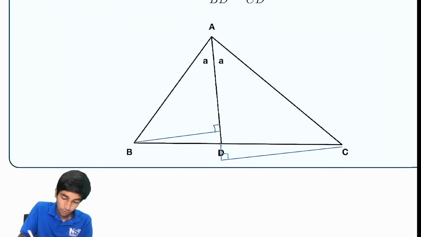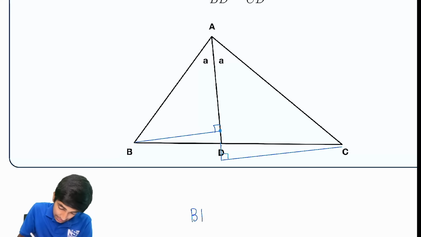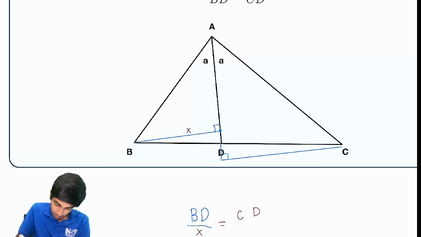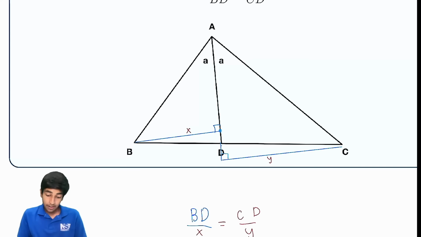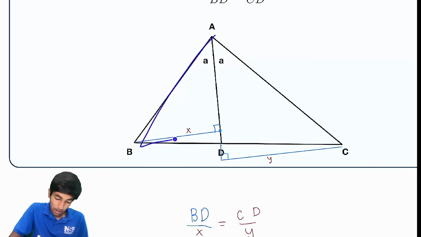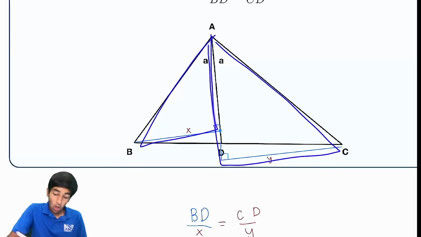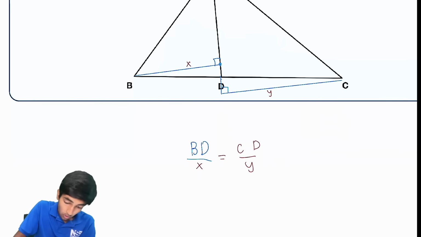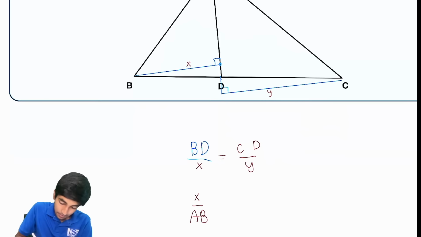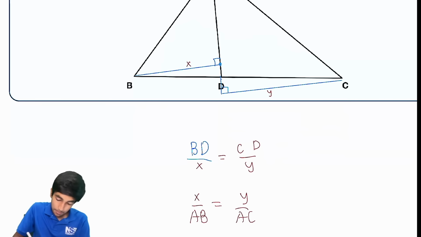So let's just go through the proof quickly. Let's call this length X and this length Y. We have BD over X equals CD over Y. And from this other pair of similar triangles, we also have X over AB is Y over AC.